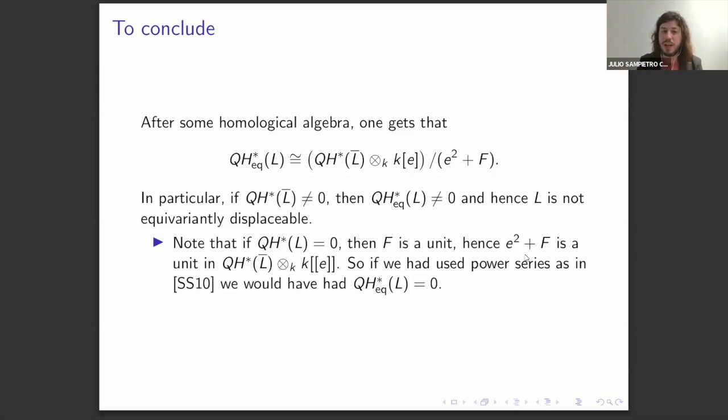But then E squared plus F is going to be a unit in the power series ring, because it starts with a unit. The 0 term is a unit. So if I'm quotienting out by a unit, I get 0. So if we had worked with a power series, we would have simply gotten that the equivariant cohomology would also be 0.